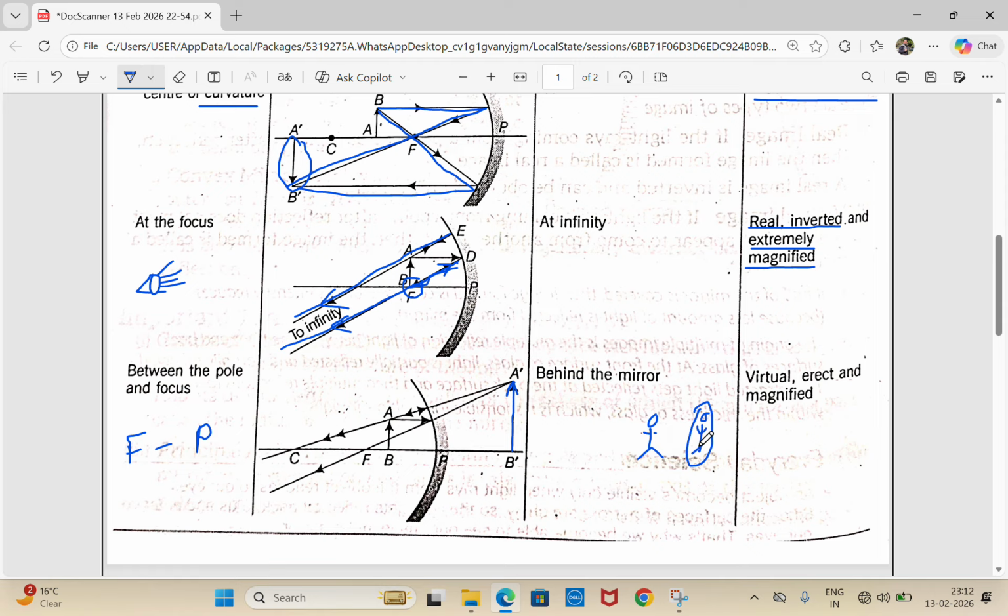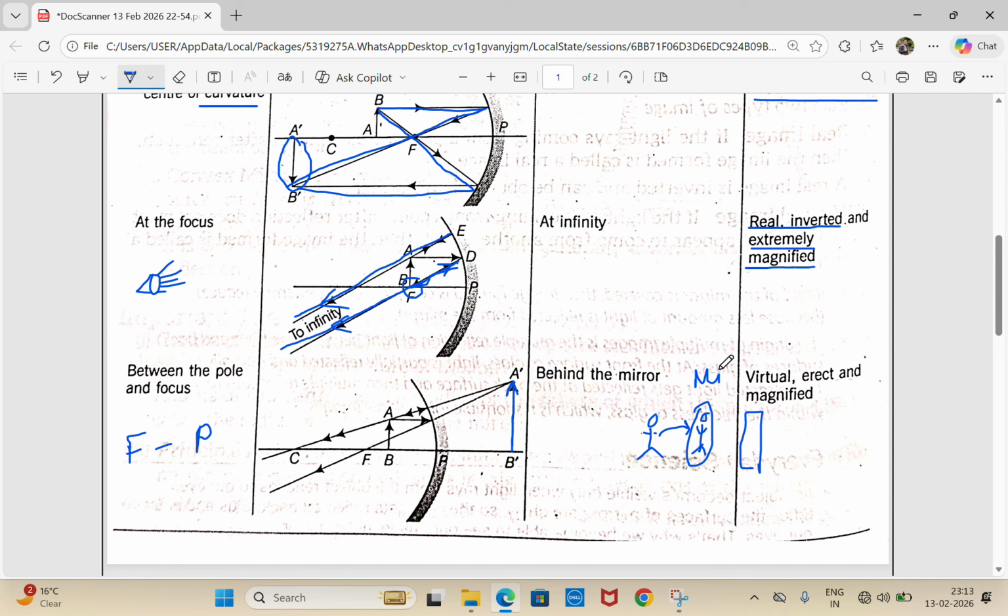You can't actually touch this, or make the image prominent on a screen, you can just see this in a mirror.